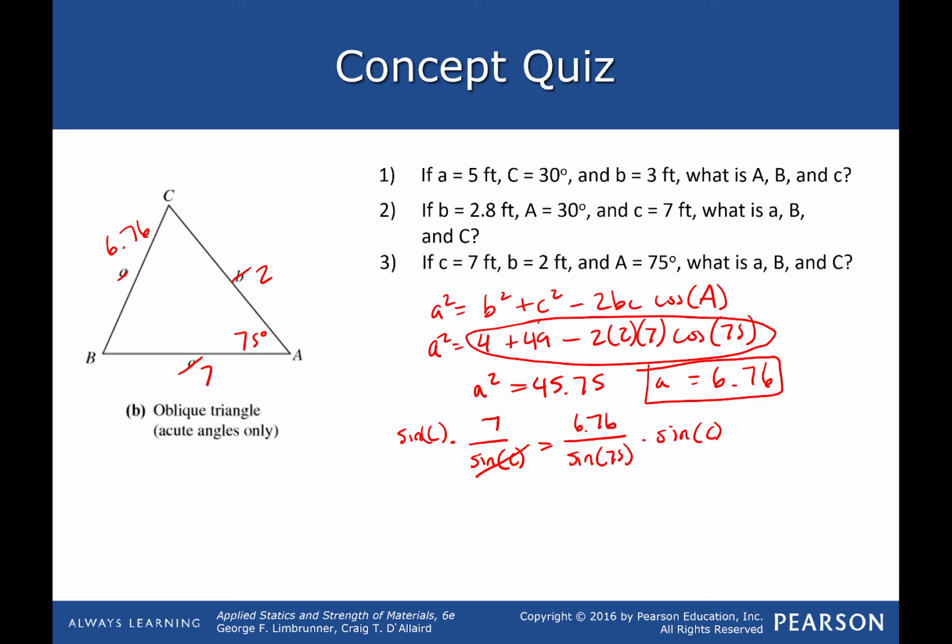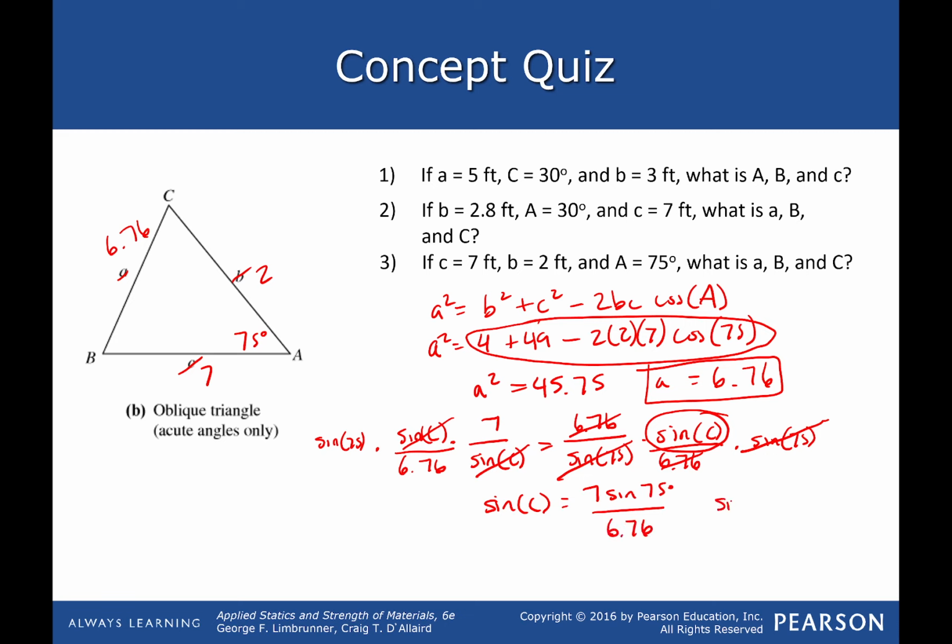Now I'm going to divide both sides by 6.76, so that one cancels. And we'll multiply both sides by sine of 75. There we go, so that cancels. So this side just has sine of C now. So what I get is that sine of C is equal to 7 sine of 75 degrees over 6.76.